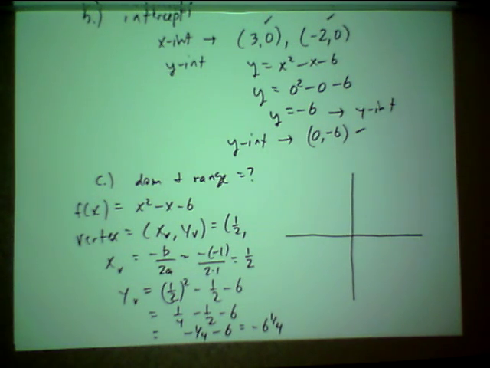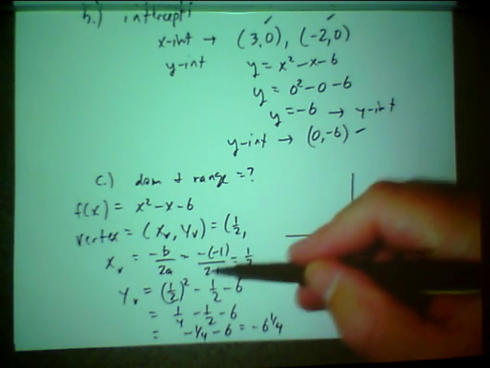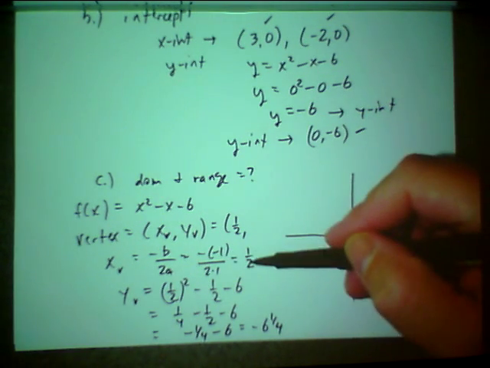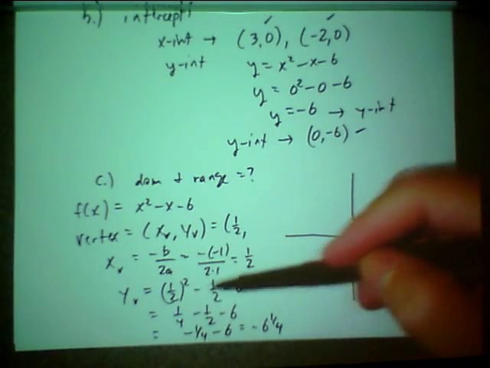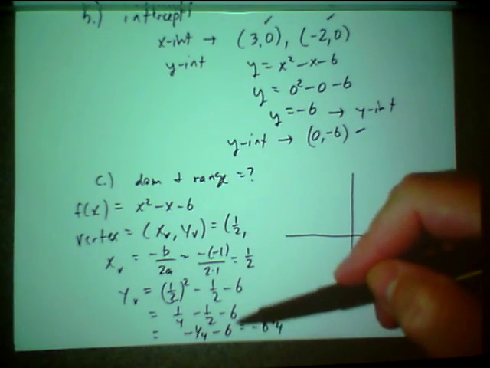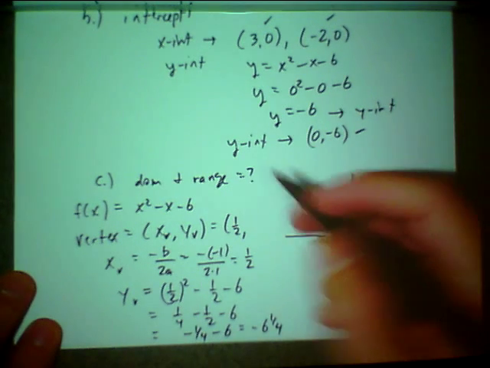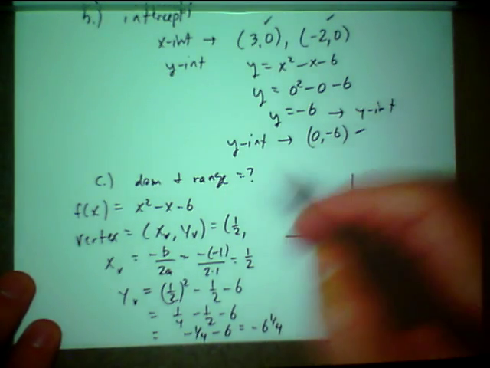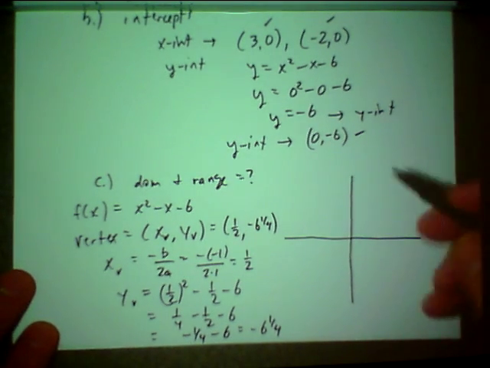So negative b over 2a, negative 1 over 2 times 1, which is 1/2. 1/2 squared is 1/4 minus 1/2. It's negative 1/4 minus 6. All right, looks like that. So it looks like (1/2, negative 6 1/4) is my vertex.